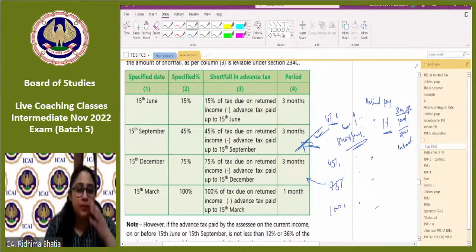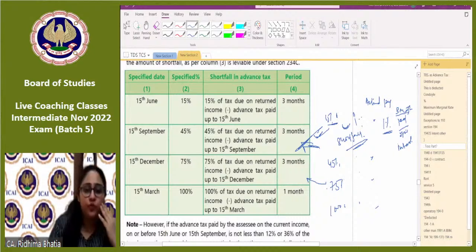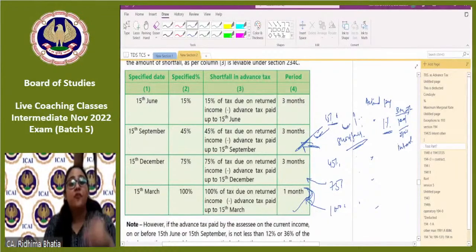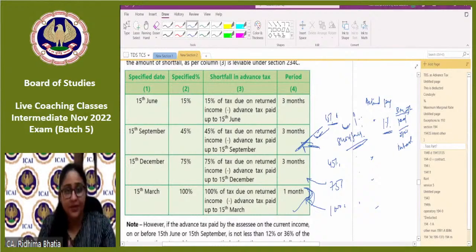Now 15th March के बाद if there is still a shortfall, then what will happen? You have to calculate the interest. But कब तक? Actual payment of tax तक? No. Only for that 16th March to 31st March wala period, because after 31st March you're already calculating 234B, right?